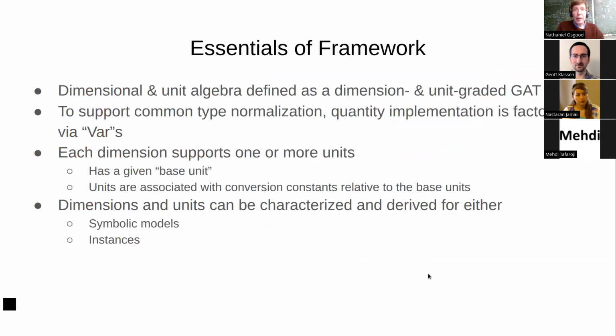Okay, so anyway, that's the idea, but Uche has taken this much further. So she's defined a generalized algebraic theory to support this. And there's a lot of really sweet components of this that we can go through.